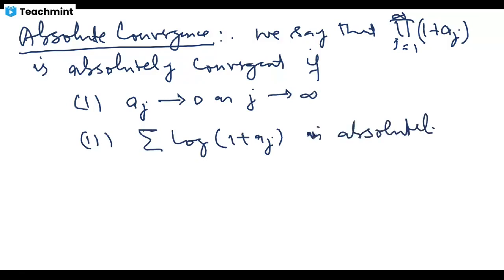So absolute convergence of infinite product comes from the absolute convergence of the series.